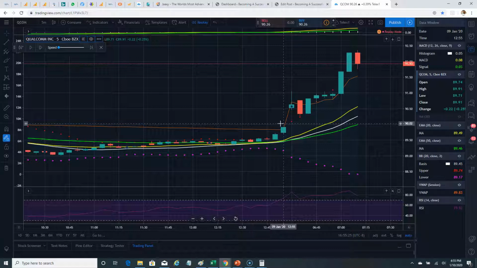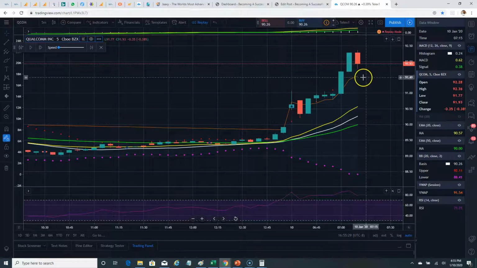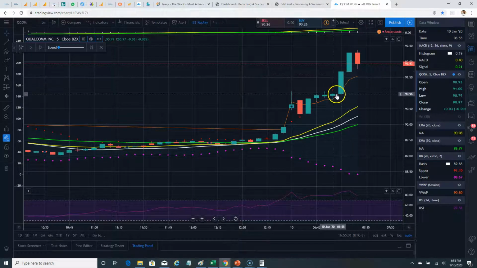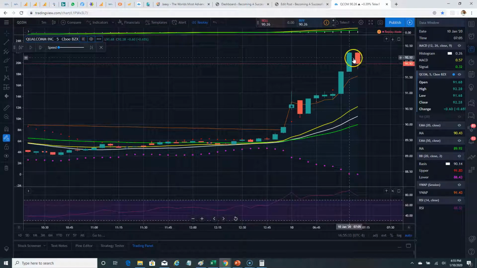In typical retail thinking, being above VWAP is bullish. Yes, that's true in a certain sense. But when you go too much above VWAP, that means you are way more expensive than the fair value.